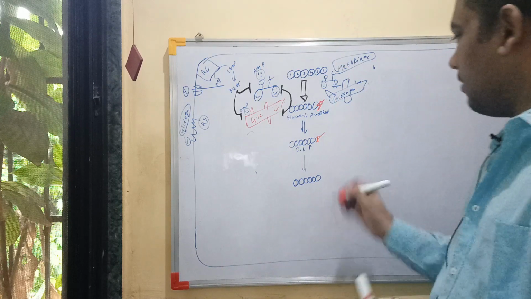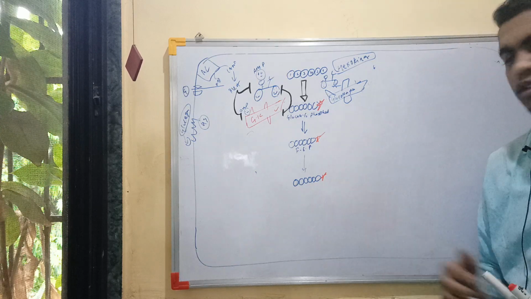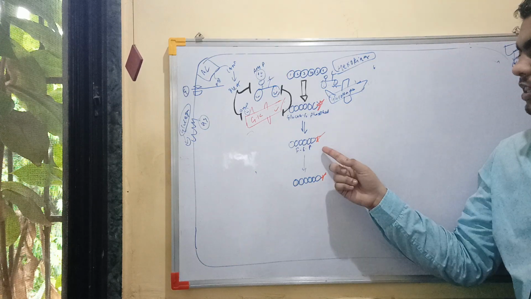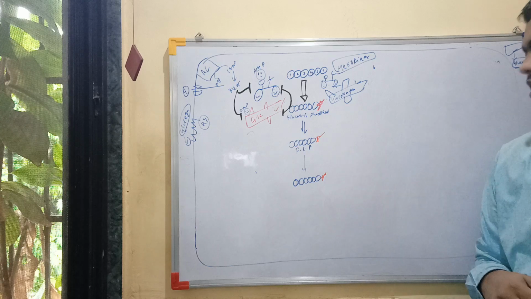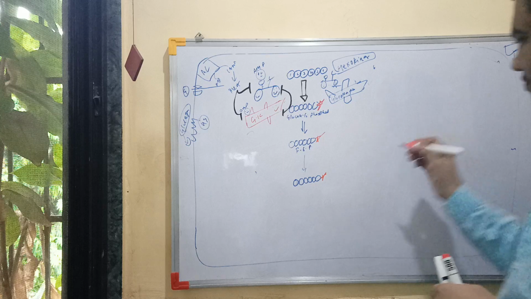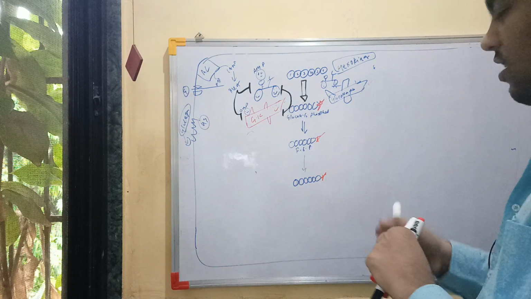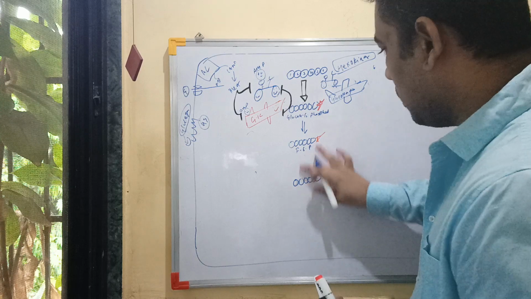Here there was a phosphate group. This fructose 6-phosphate is converted, and there is a very important enzyme over here, one of the very important enzymes, or one of the very important steps.